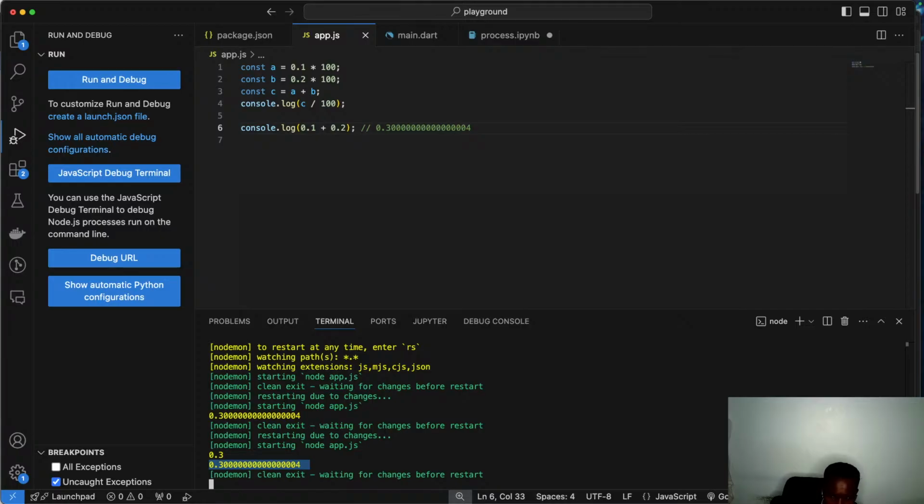For example, when you multiply by 100, convert that to an integer directly, so that it's guaranteed to be an integer and not a floating point number that has those extra digits. That's one of the things I recommend.